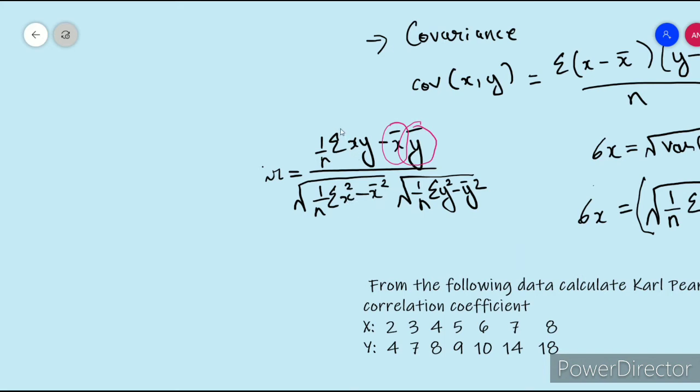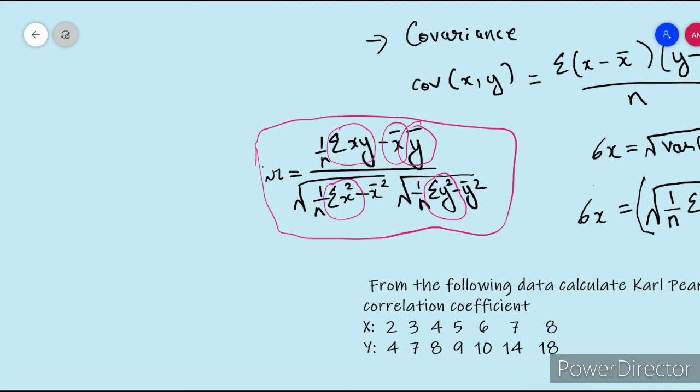Then we need summation of the product of x and y, and we need to know n, the number of pairs of observations. Then we need summation of x square, and also summation of y square. Once we have found those values, we just substitute them in this formula.